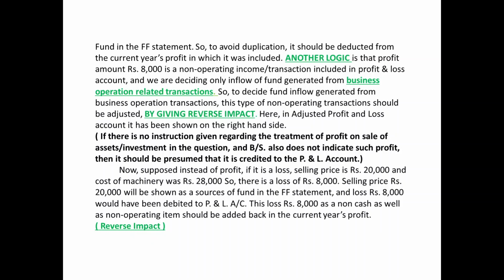So here in the adjusted profit and loss account, it has been shown on the right hand side or credit side. The company had credited that profit to the profit and loss account. It was a non-operating income, and that is why reverse impact means we have to reduce the profit by that amount, and that is why in the adjusted profit and loss account we have shown it on the right hand side, on the minus side, or on the credit side of that account.